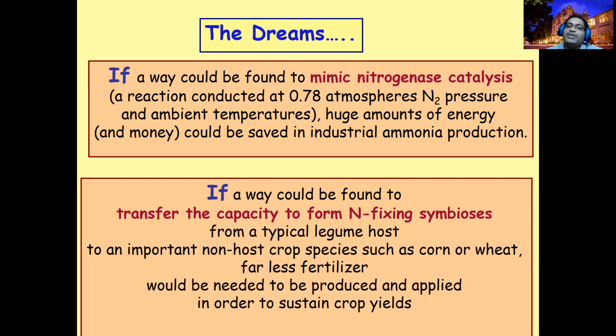And if a way could be found to transfer the capacity of nitrogen fixation by symbiotic organisms to other crops. Normally, the symbiotic microorganism is associated with the legumes. If we transfer the gene useful for the host microorganism to recognize, then only once a host microorganism is successfully recognized can the symbiotic association help.